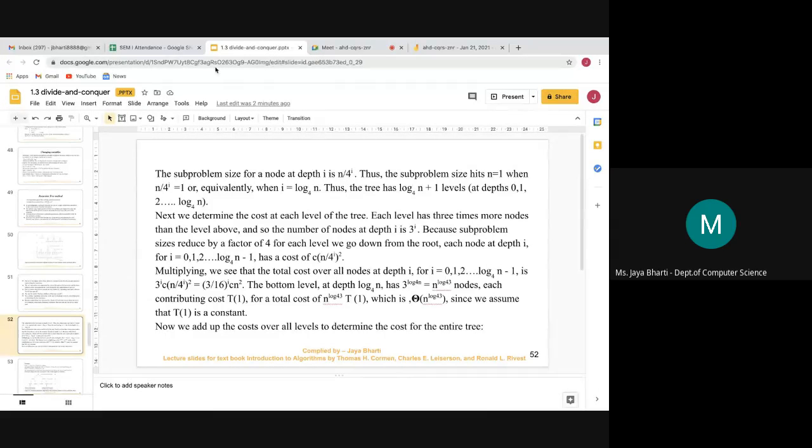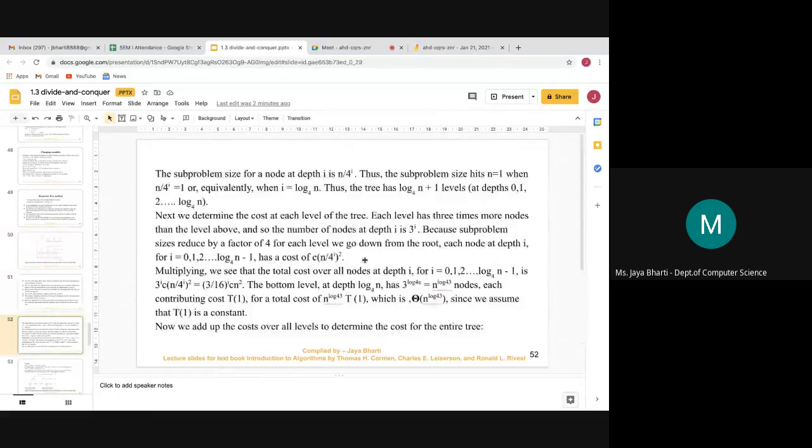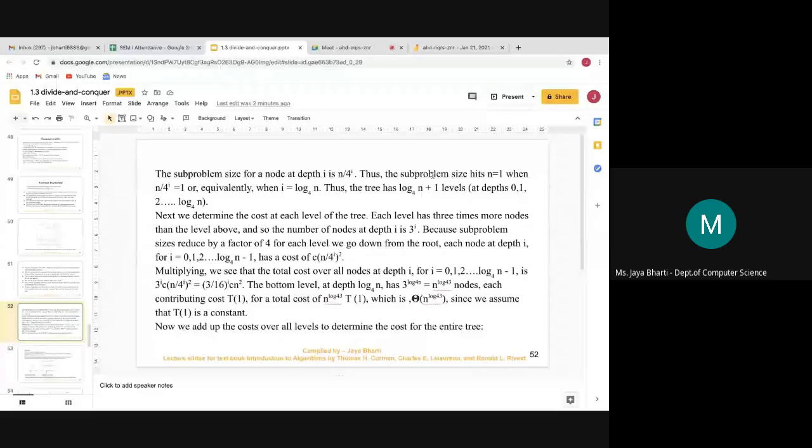Okay, so we have seen that in the second depth it is 16. So thus the subproblem size hits 1 when n divided by 4 to the power i is equal to 1.